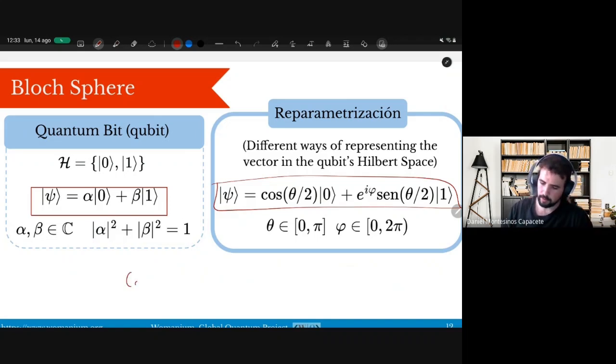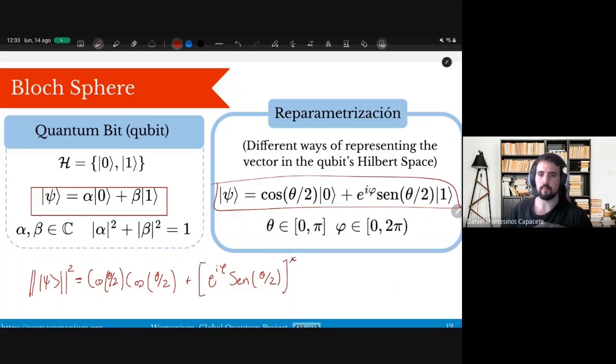Because, if you get the norm of this guy, well, I'm writing in red, sorry for that. Remember that when doing this, we have to complex conjugate this guy, because the norm was just the square root of the scalar product of the same vector with itself, right?